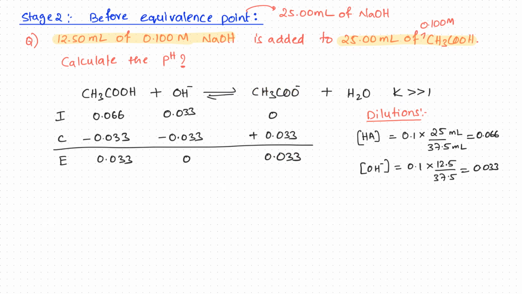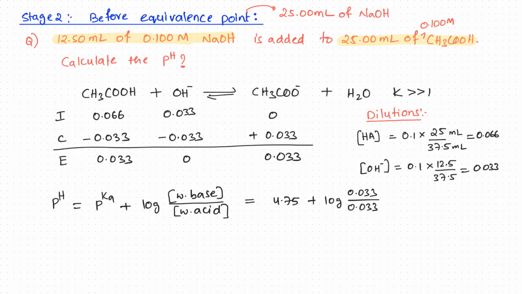We can calculate the pH of such a solution by the Henderson-Hasselbalch equation. pH is equal to pKa plus log of weak base concentration over weak acid concentration in the solution. Substituting the values of the concentration of weak base, weak acid, and the pKa value, we get pH equal to 4.75.